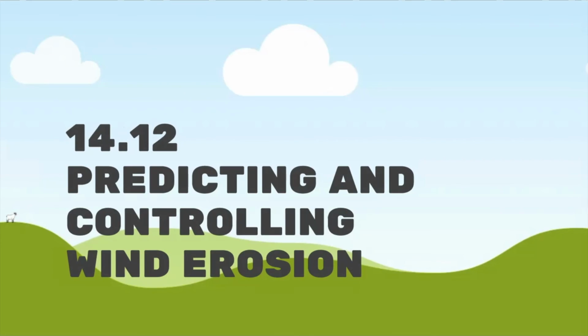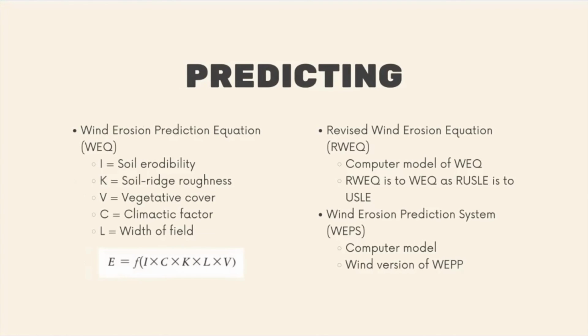Next is predicting and controlling wind erosion. So once again, there are a few formulas for predicting it. The first one is going to be the wind erosion prediction equation. This equation can consider things like soil erodibility, soil ridge roughness, vegetative cover, climatic factor, and the width of field.